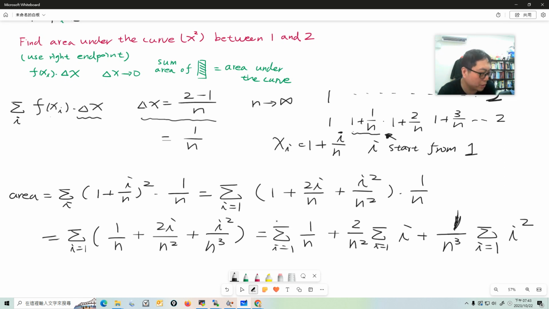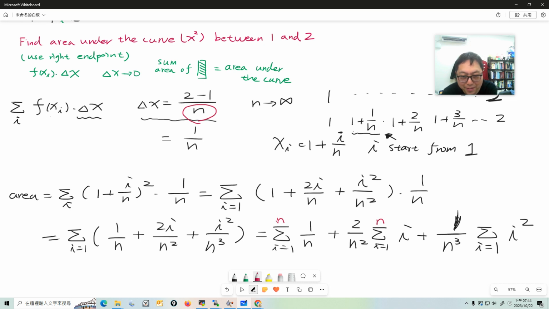It should be n. Okay, I got it. Because we slice into n points, this should be n.